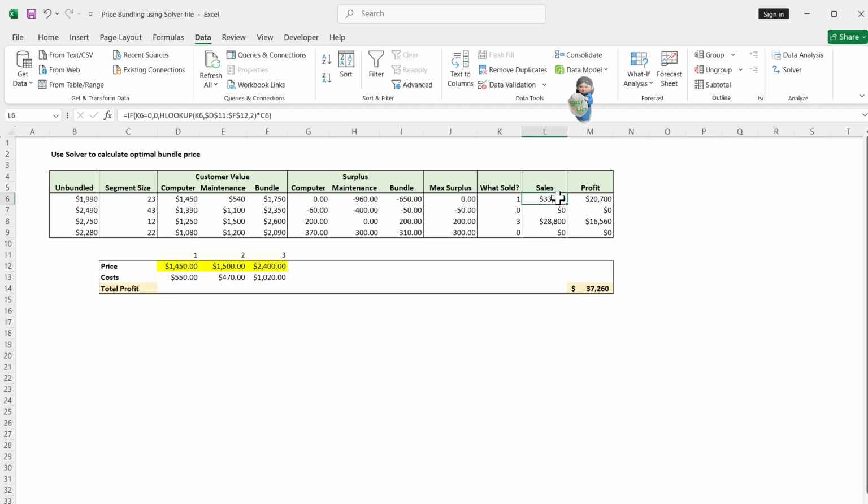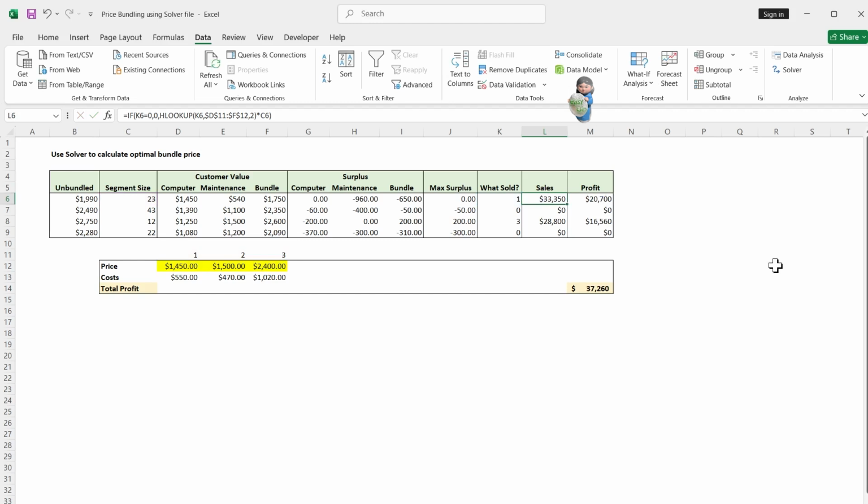Now the way I set up sales is looking at over here. There's an HLOOKUP formula to look at which column for which product sold, and then pick the price, and times total value over here. As you can see, this is the formula.